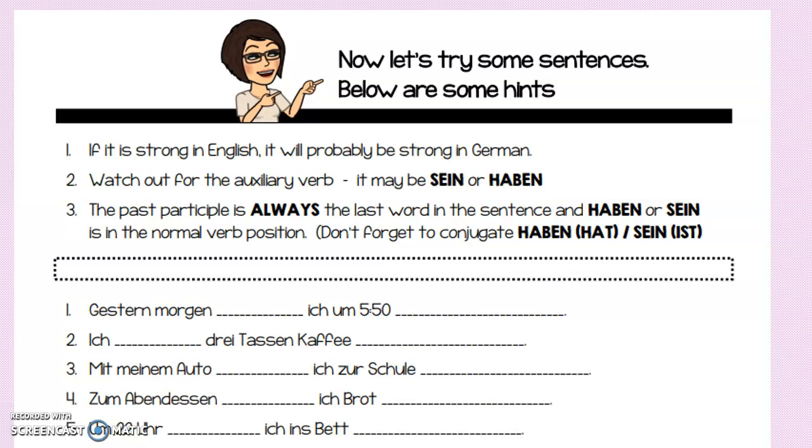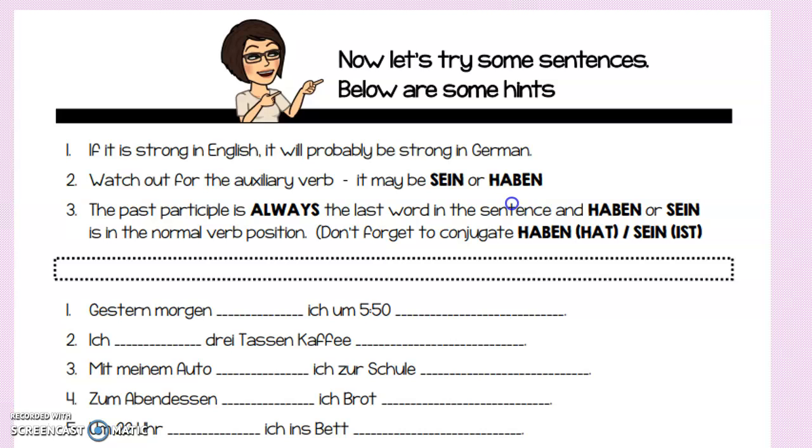Gestern Morgen blank ich 5:50 Uhr blank. Yesterday morning, what do you think I did at 5:50? I got up. So the verb for to get up is aufstehen, and the past participle is ist aufgestanden. When you have a separable prefix verb, the ge goes in the split.